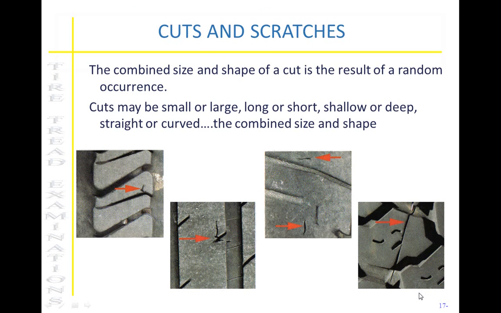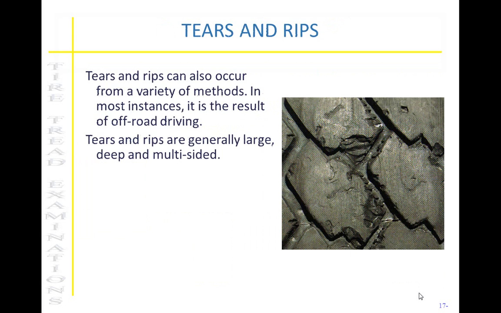The combined size and shape of a cut is going to be considered a random occurrence, so this is going to be an individual characteristic for tire tread comparisons. Likewise, different tears or rips that may occur in that tire tread are going to be very individualized.